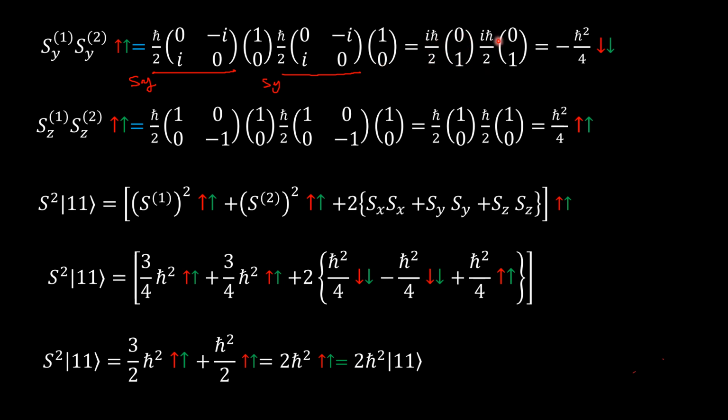The same thing will happen to the proton also: iħ/2 times (0, 1). So both come to the spin down state. Initially it was spin up, and this is a spin down state. So you will get minus ħ squared over 4 spin down, because iħ into iħ is equal to minus ħ squared.